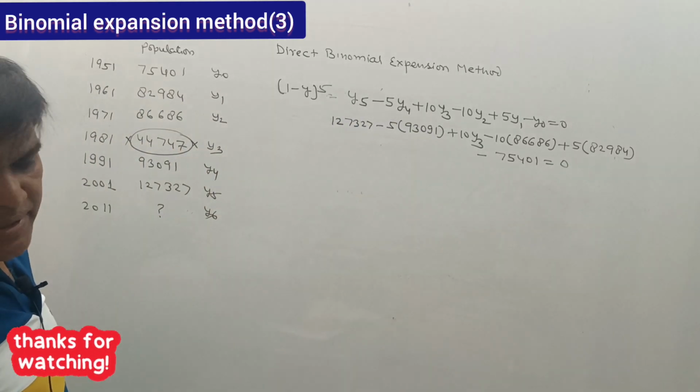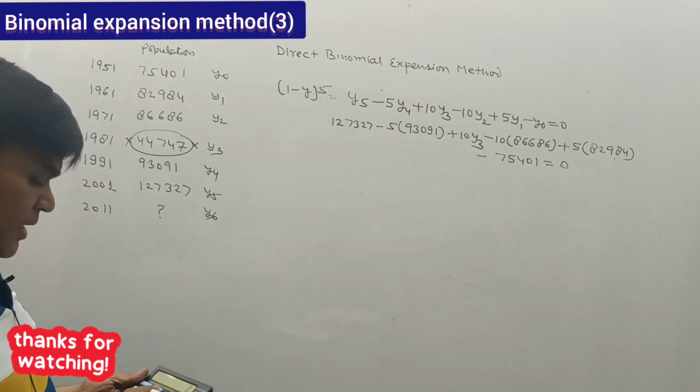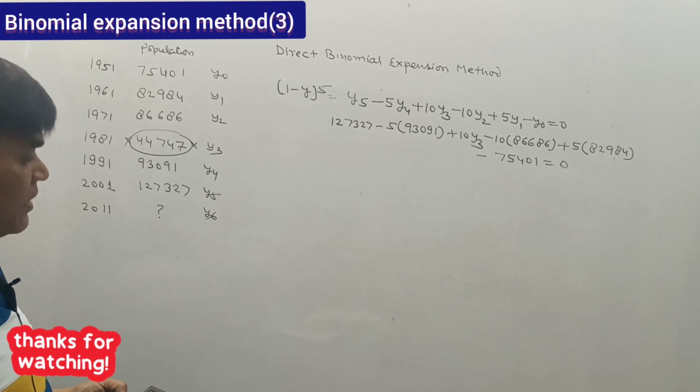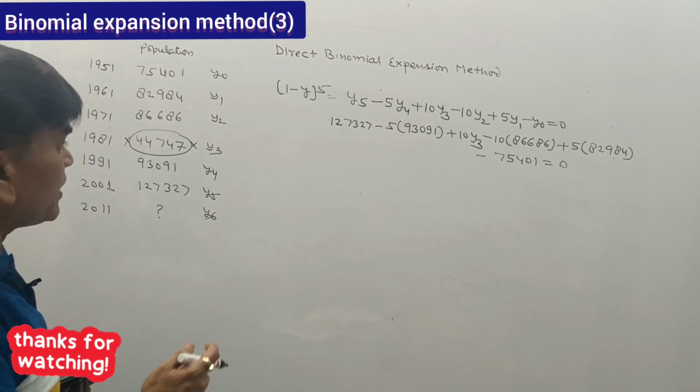So we will solve this equation. So first one is 127327, which is a positive value.